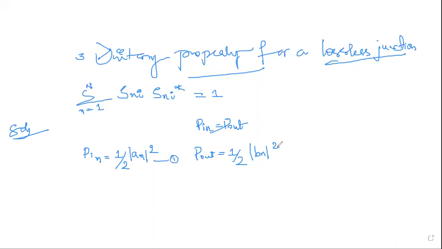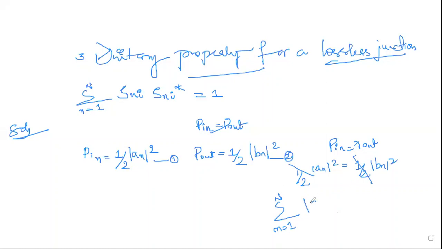According to conservation of energy, P in is equal to P out, so half magnitude of An square equals half magnitude of Bn square. Since I have to consider n networks, I'll take n equal to 1 to n. Half and half will get cancelled. You will have the summation n equal to 1 to n of magnitude of An square equal to the summation n equal to 1 to n of magnitude of Bn square.